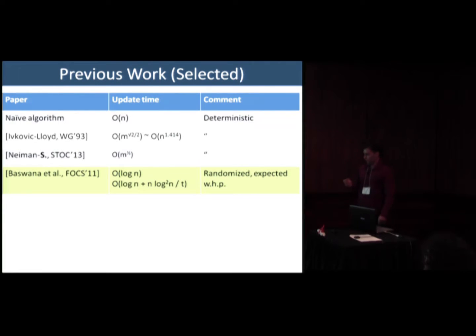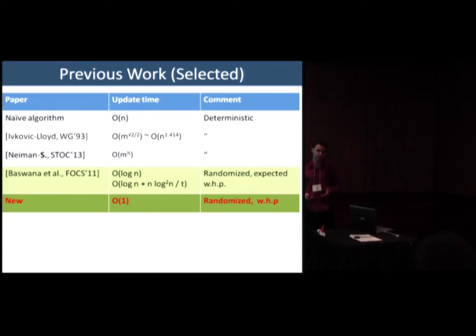They give a randomized algorithm with an expected amortized cost of log n. And in this work, we build on their framework and give a different algorithm that has the constant amortized cost that we wanted.